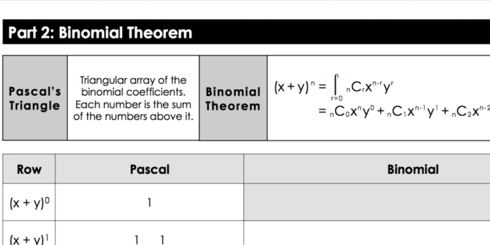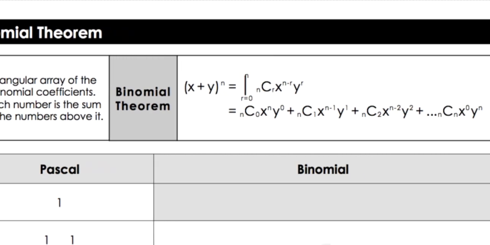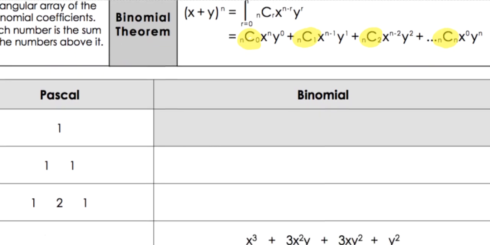The coefficients when you're multiplying them out. And we find the triangle by adding the numbers above it. So you can see the binomial theorem written out over here. And we use this because the combinations are what determine the coefficients on our expansions of binomials being multiplied together.